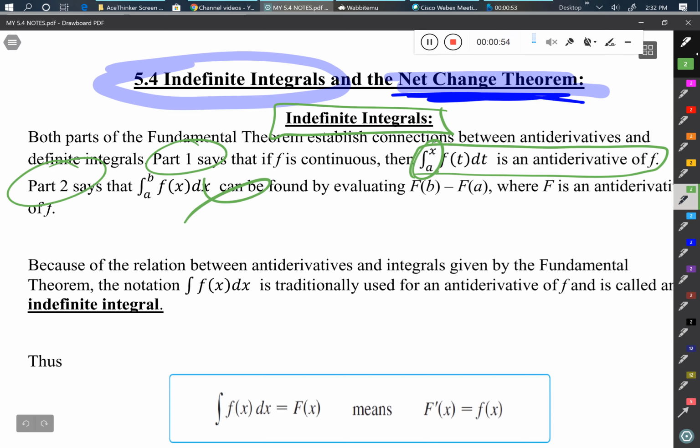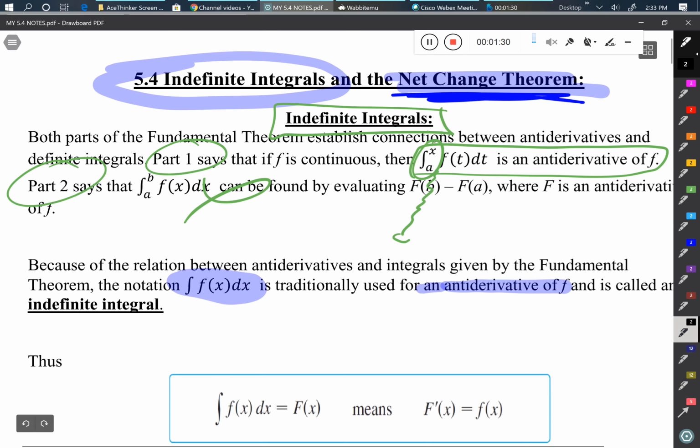But part 1 basically leads us to this idea of, hey, let's come up with an operator, a symbol, a notation that's going to tell us to take the antiderivative. And so it leads us to this right here, where if we use an integral symbol and we do not put limits of integration on it, that is, we don't put a lower limit or an upper limit of integration on it, we're asking the reader to find the antiderivative of f.